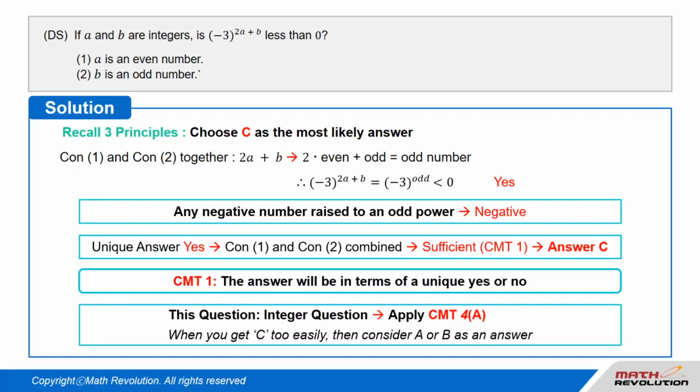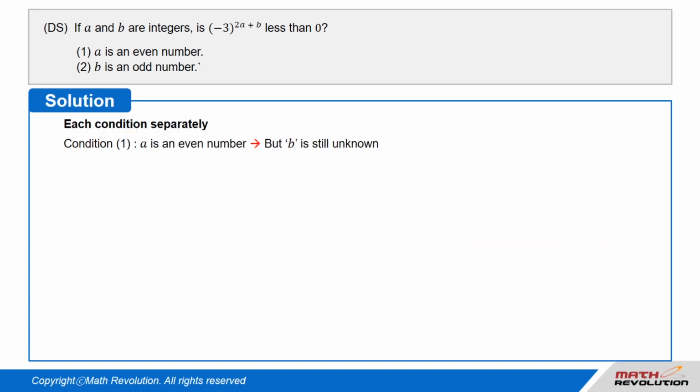However, since this question is an integer question, which is also one of the key questions, we should apply CMT4A. So, we need to consider each condition separately. Condition 1 tells us that a is an even number, but we do not know anything about b.